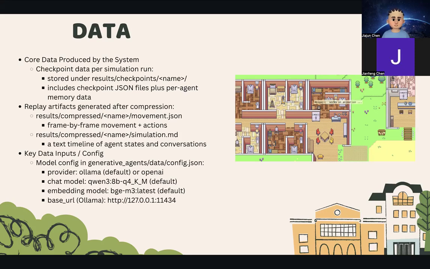The simulation part is text of the states of the conversations. The core part of the data is for the system. It's stored under the results checkpoints, including checkpoints per agent. They have separate memory data for each agent.